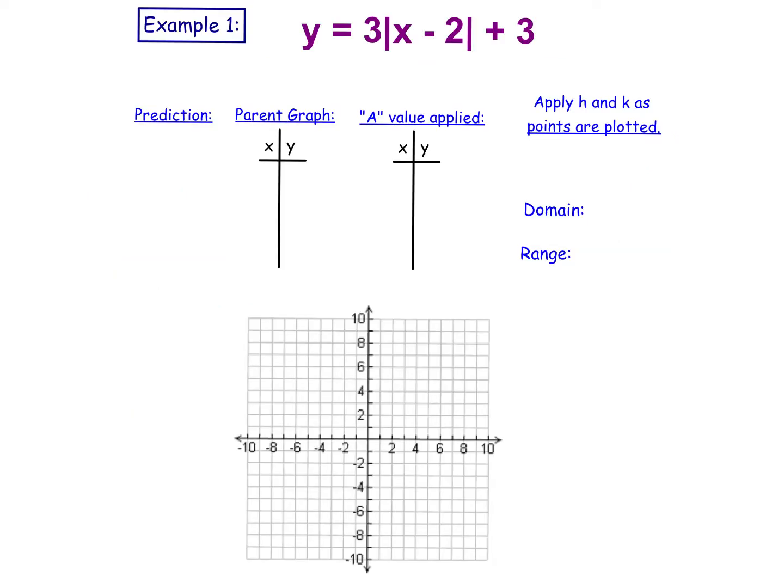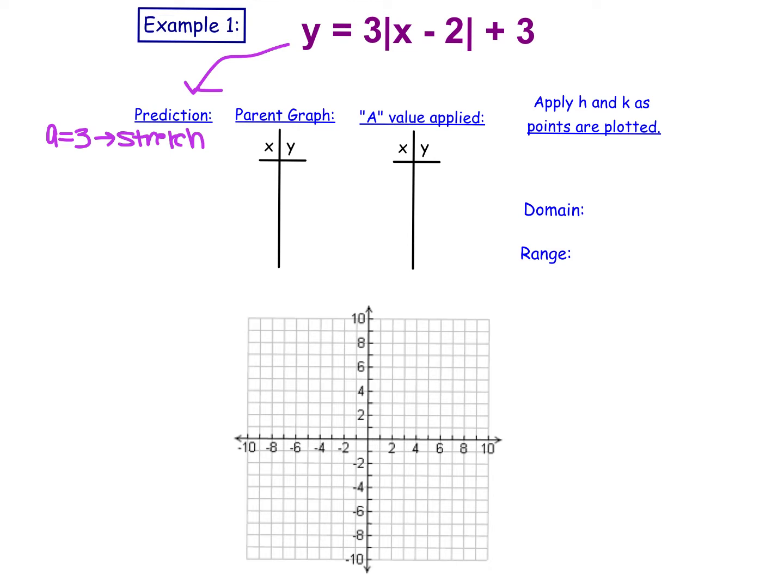So here to start off, I see I have y equals 3 times the absolute value of x minus 2, all plus 3. So some predictions, some things I expect to see on my graph. First, I see that a is equal to 3, so I expect to see some sort of vertical stretch up.